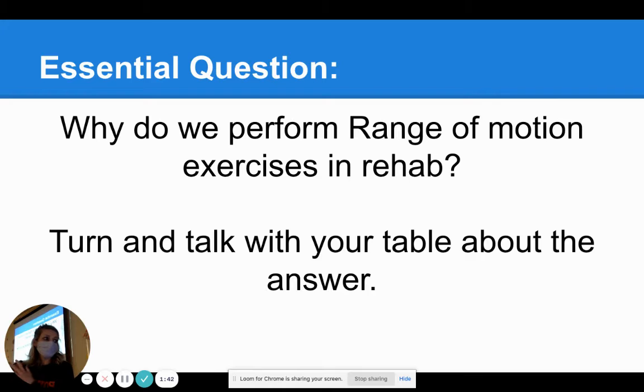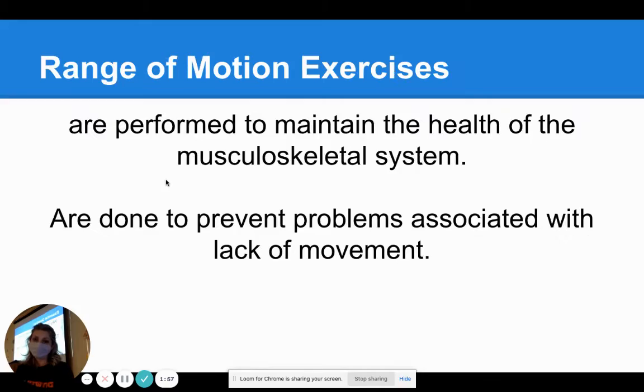So, why we perform range of motion exercises in rehab. I said yesterday, if you don't use it, you lose it, and that's exactly why. If we don't let those people move those joints, then they're going to stiffen, they're going to atrophy, contracture, all of that. There are some other things that happen as a result of not being mobile. So if you think of some situations when people are not mobile: surgery, that puts you down for a little bit.